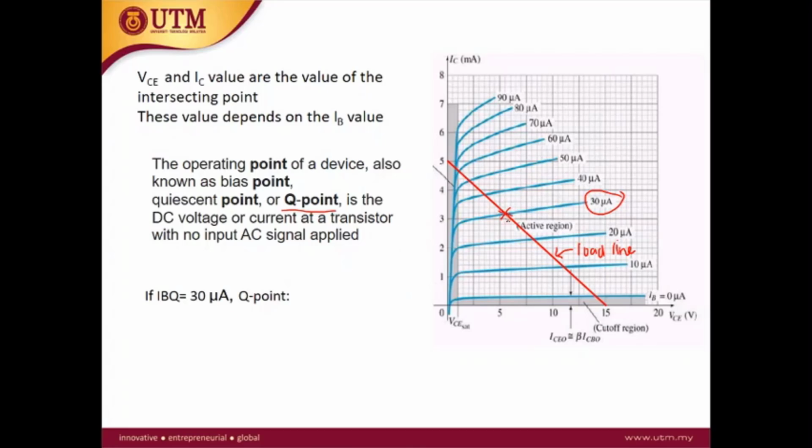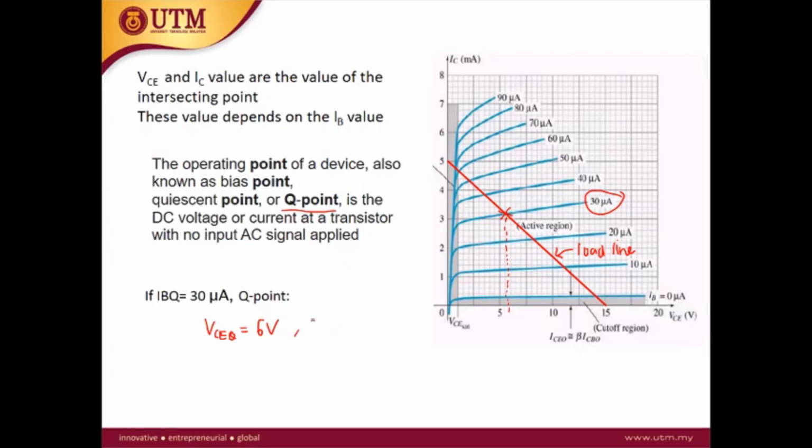The Q point is here: 1, 2, 3, 4, 5, this is 10, and then 5, 0.5. So this is around 6. This is the VCEQ. I put the Q because this is the VCE voltage at the Q point, equal to 6 volt.